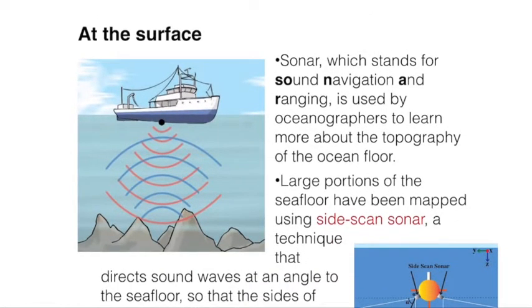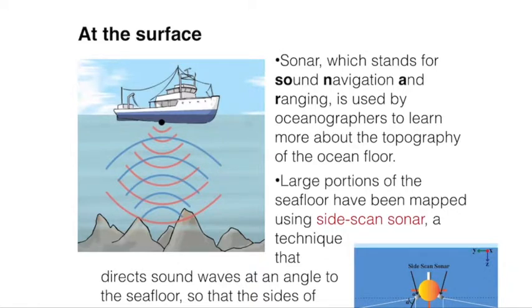The first thing we're going to review is sonar. If you're going to get the topography of the bottom of the ocean, the water would impair satellites in space from seeing down into it. So the way you figure out the shape of the bottom of the sea is by sound waves that can easily go through the water and then be bounced back, normally to ships, submersibles, or submarines.